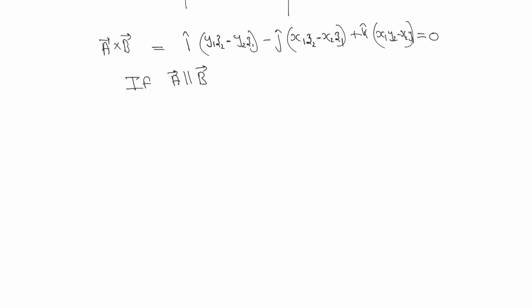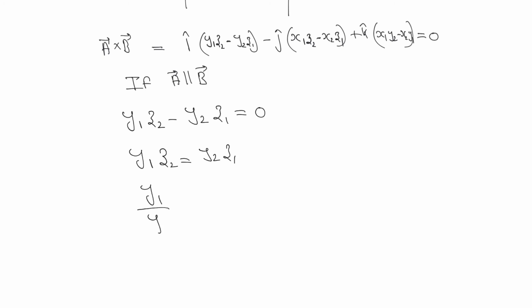So we can write, if a vector is parallel to b vector, then its x component, which is y1 z2 minus y2 z1, should be equal to 0. That means y1 z2 should be equal to y2 z1. So we can write y1 divided by y2 should be equal to z1 divided by z2.